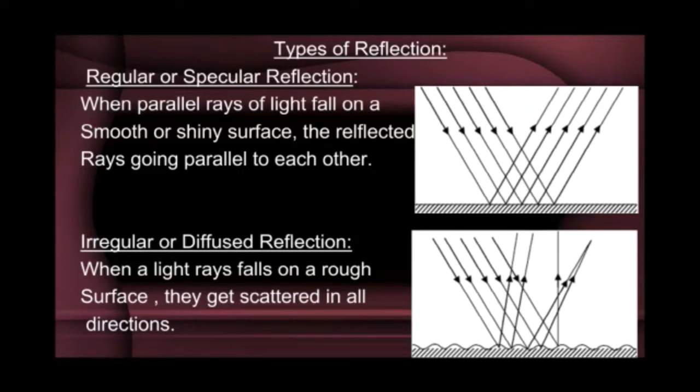Next, irregular or diffused reflection. When light rays fall on a rough surface, they get scattered in different directions, or all the directions. This reflection is known as diffused or irregular reflection.